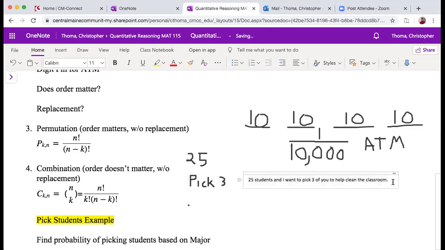Does it matter if you get picked first or last in this case? No, it does not matter. You just get picked. You have to stay and help clean the classroom. So that's what it means. Order doesn't matter, so this is a combination problem.